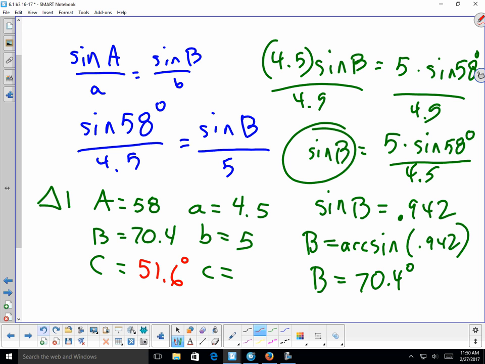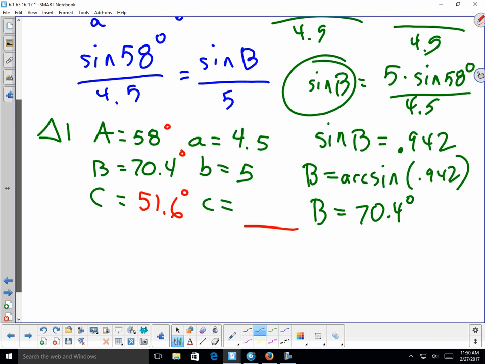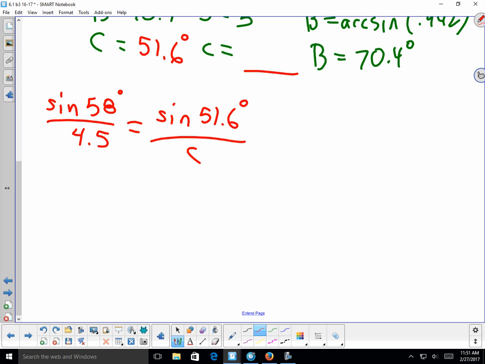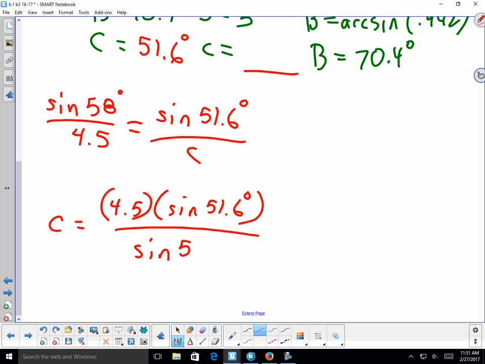51.6 degrees, okay, and then how do we find side C, which is our last missing piece here, Josh? I would just do sine of 58 over 4.5 equals sine of 51.6 over C. So sine of A over A, that's sine of 58 degrees over 4.5 equals sine of 51.6 over C. And then we're going to cross multiply here, and we end up getting C equaling 4.5 times sine of 51.6 over sine of 58 degrees.